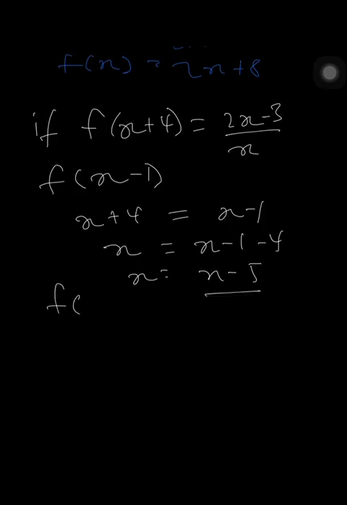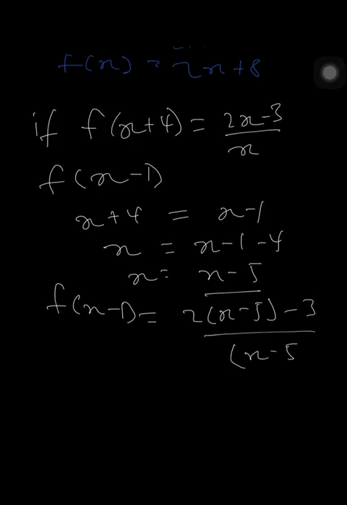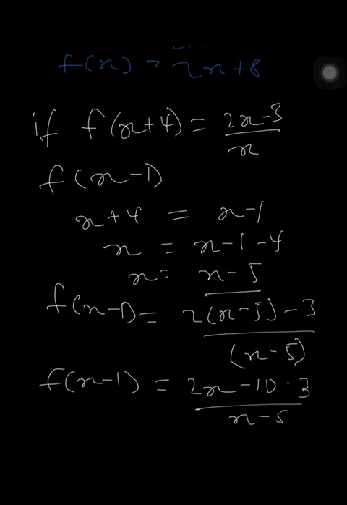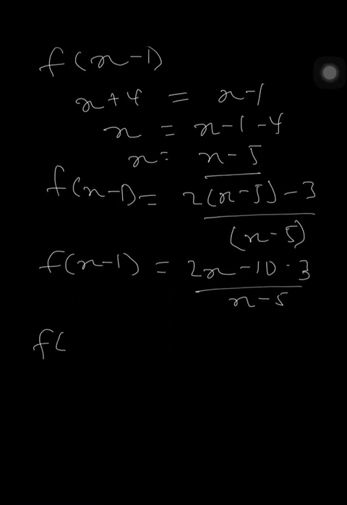So that f of x minus 1 is going to be 2 times x minus 5 minus 3, all over x minus 5. So that f of x minus 1 is going to be 2x minus 10 minus 3 all over x minus 5. This will result in f of x minus 1 being 2x minus 13 over x minus 5.